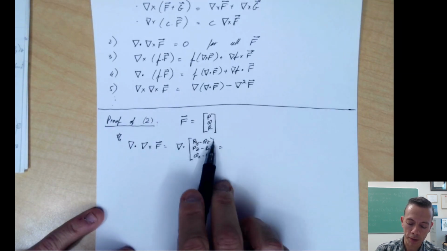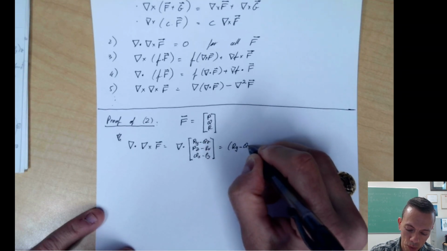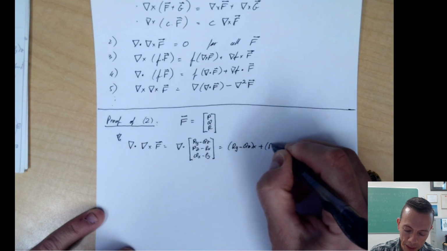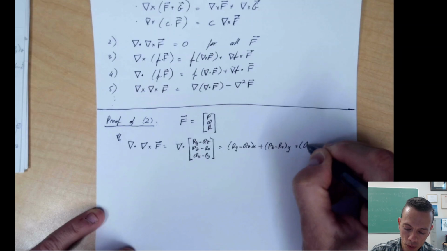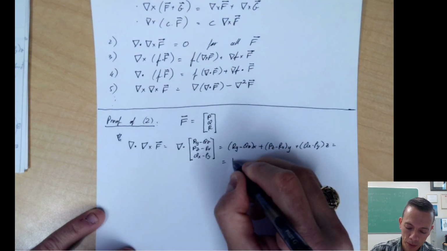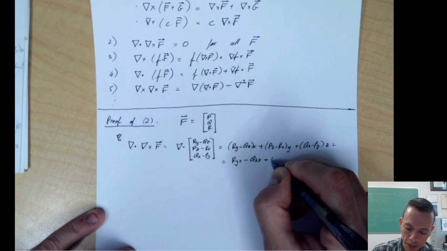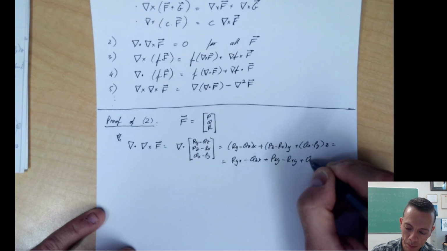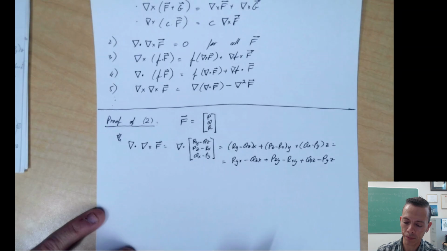So the partial derivative of the first component with respect to x is ryx minus qzx, plus pzy minus rxy, plus qxz minus pyz.